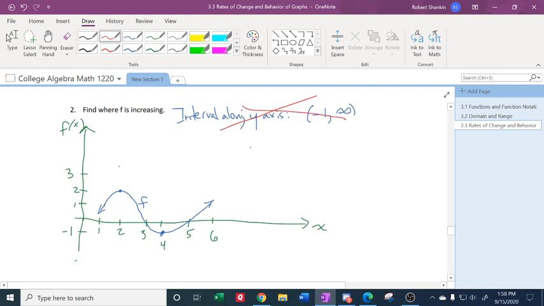But what does work is if we took intervals along the x-axis. So, intervals along the x-axis, for this leftmost interval, it goes up to 2. Now, how far left does it go?